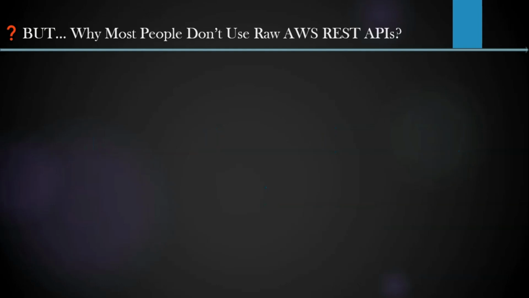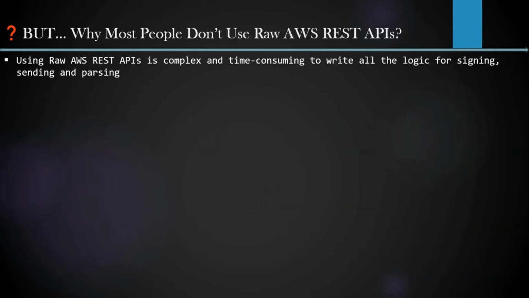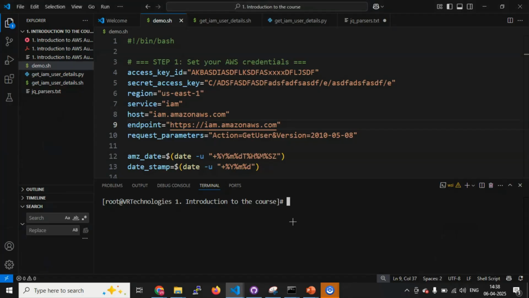But why most people don't use raw AWS REST APIs for automation? Because using raw AWS REST APIs is complex and time consuming to write all the logic for signing, sending and parsing. Let me show you that.